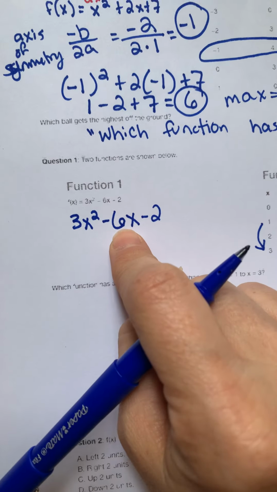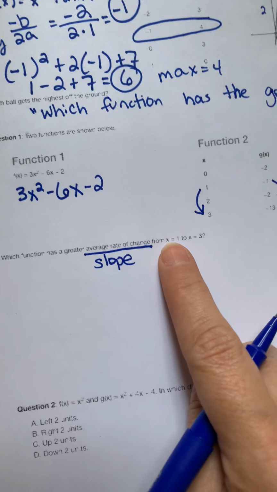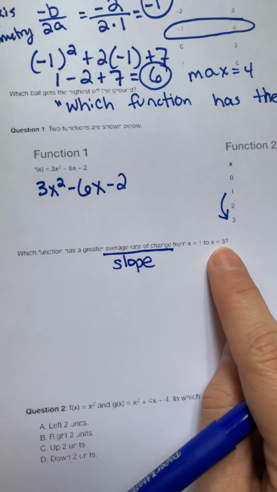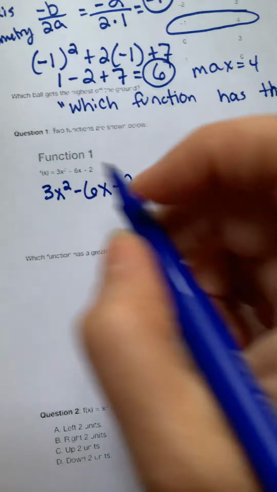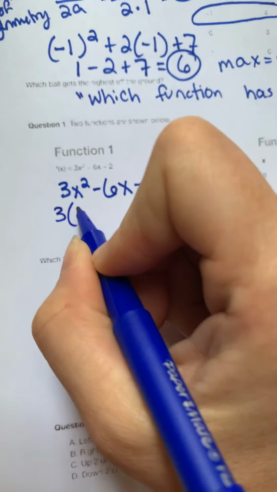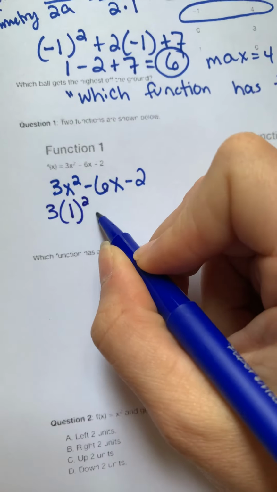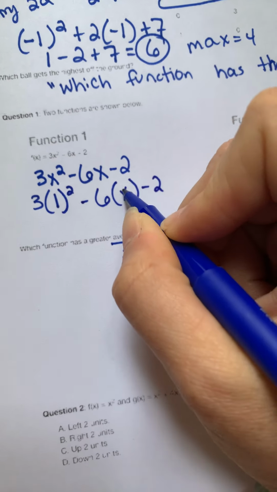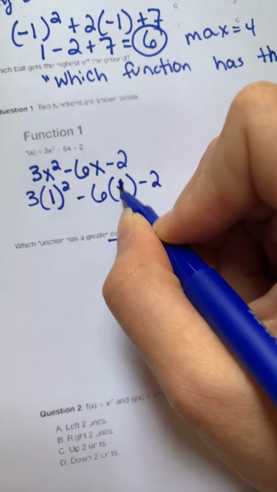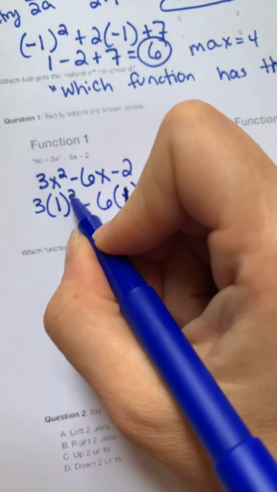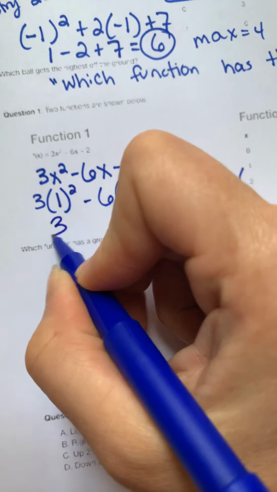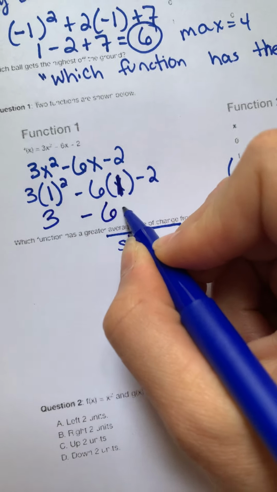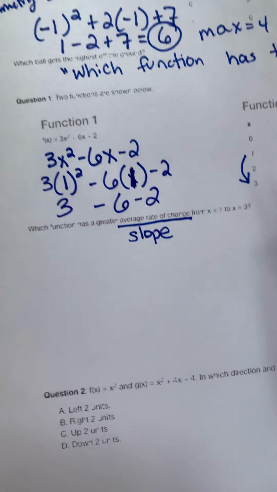This one is not going to be as easy, but they gave me my x values, and I'm just going to plug them in. First, I'll do x is 1. 3 times 1 minus 6 times 1 minus 2. And I said 1, and I still wrote an x. 1 squared is 1 times 3 is 3 minus 6 minus 2.